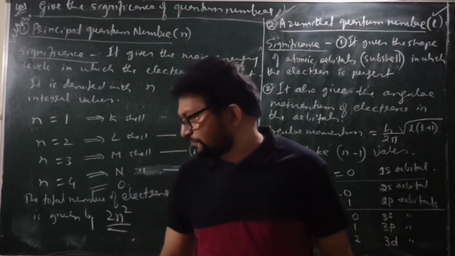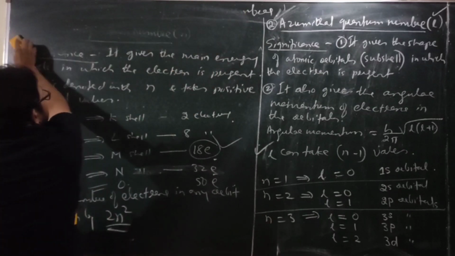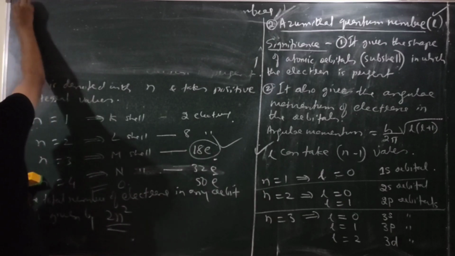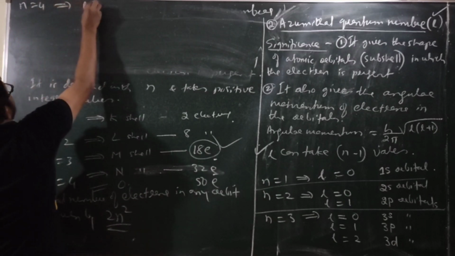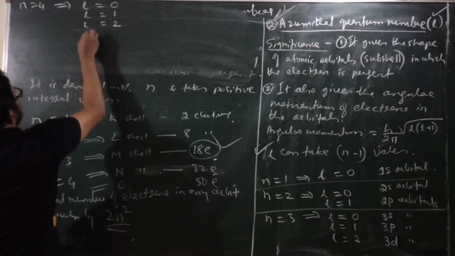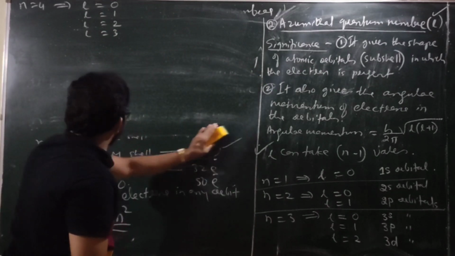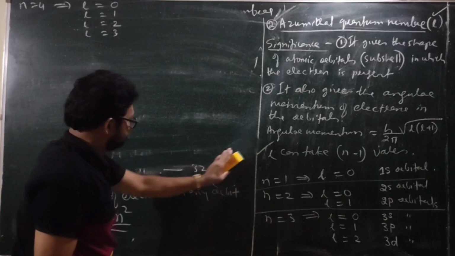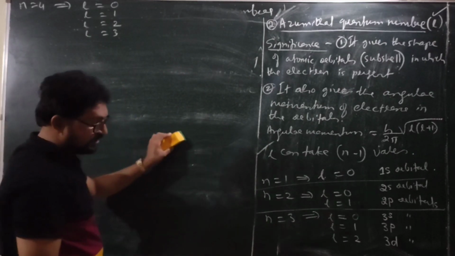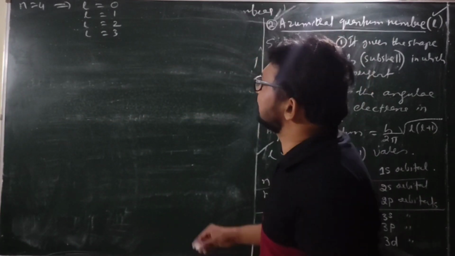Okay, if you write n equal to 4, what will happen? n equal to 4 implies L can take the values 0, 1, 2, 3 also. Do you agree? Then what are those orbitals? Can you tell me now?